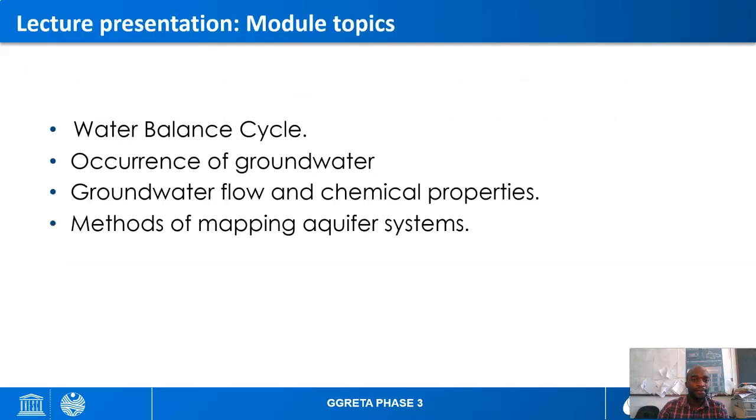So in terms of what the lecture presentations will cover, they will cover a topic on water balance cycle, occurrence of groundwater, groundwater flow and chemical properties, and then methods of mapping aquifer systems.